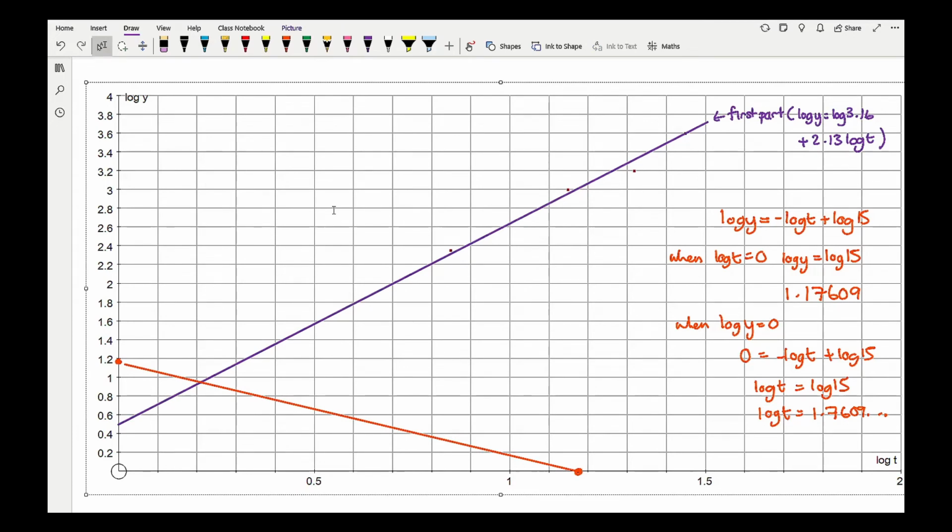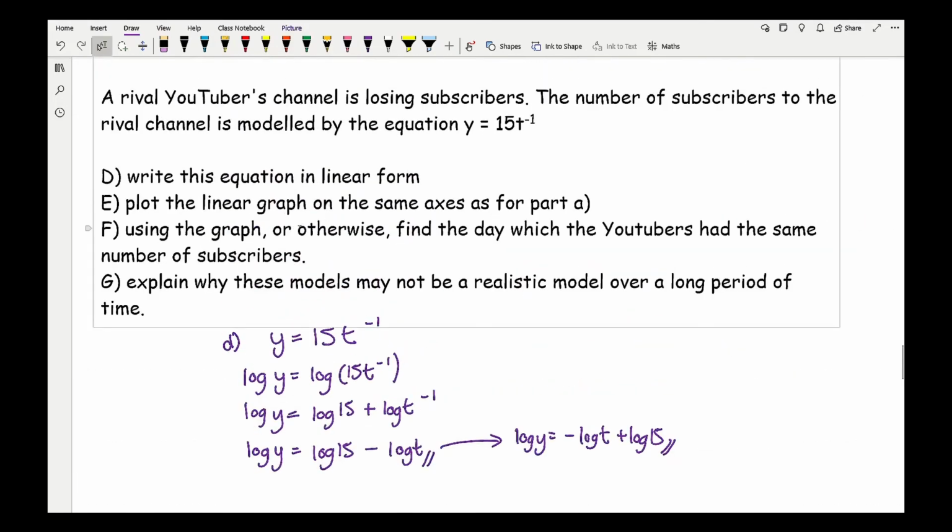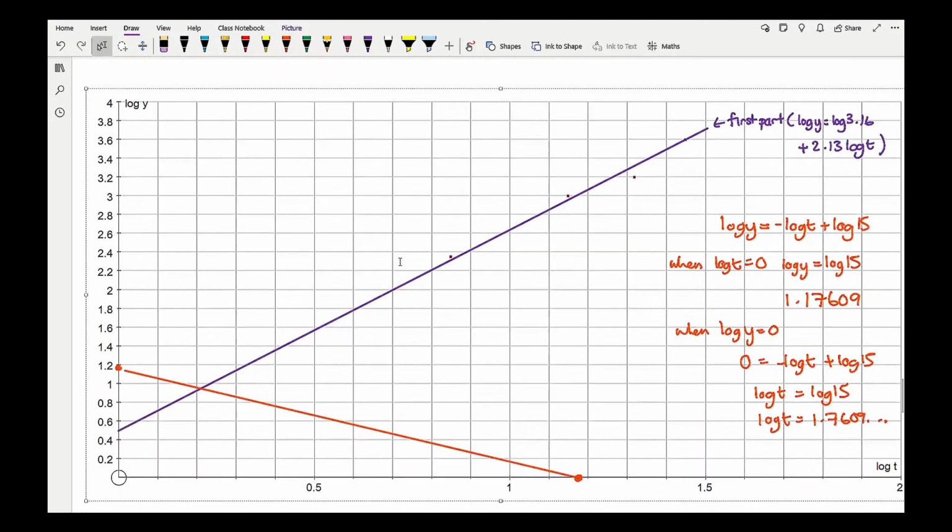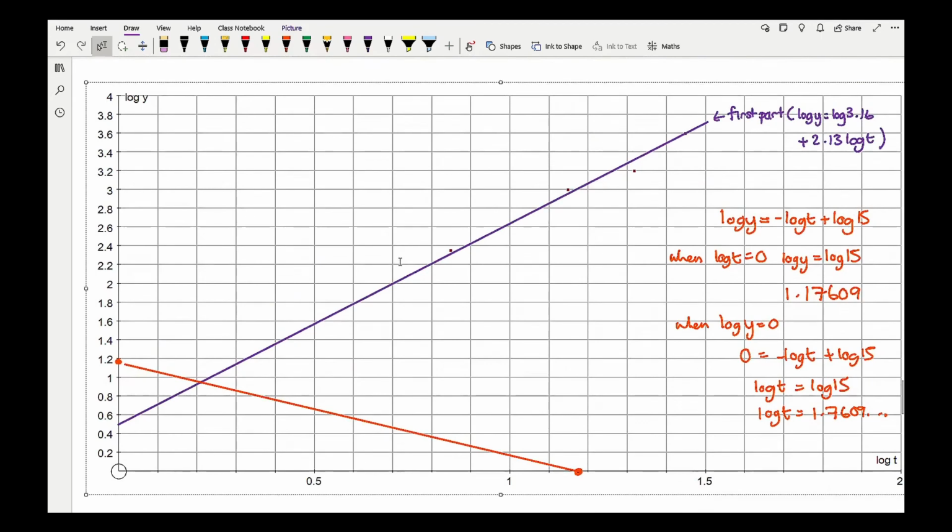The next part of the question, going back to it, says using the graph or otherwise find the day on which the YouTubers had the same number of subscribers. So I'm looking for the value where those 2 lines actually meet.